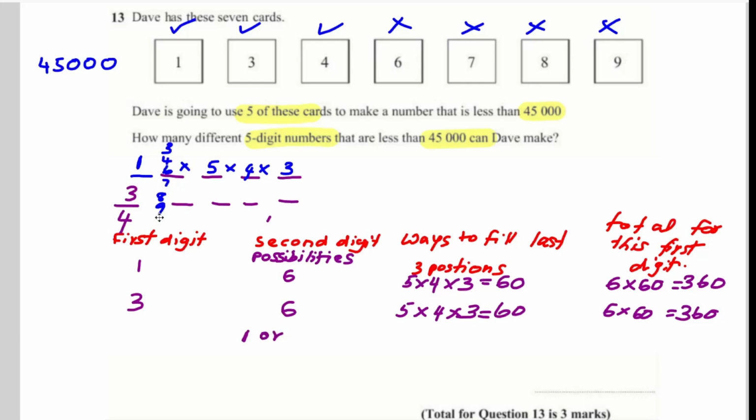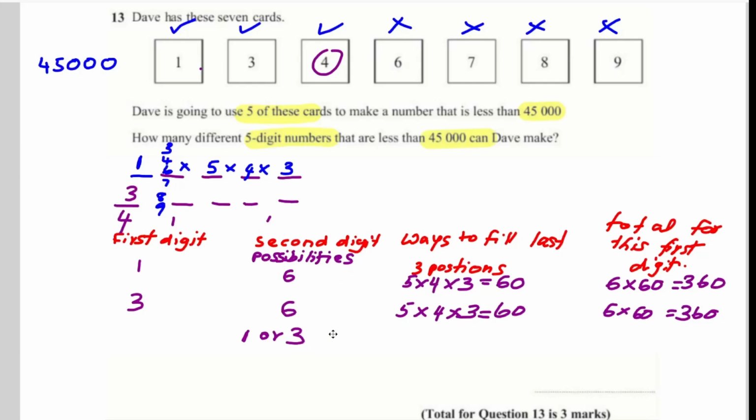We can pick 1 and we can pick 3. 4 is already taken, therefore 4 is not available. 1 and 3, we can't pick 6, because then it is greater than 45,000. Then 1 and 3 are the only digits available.